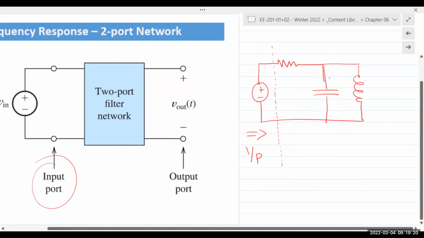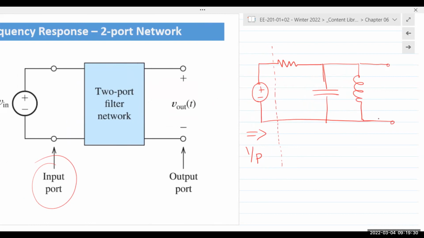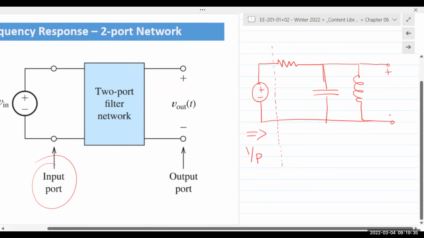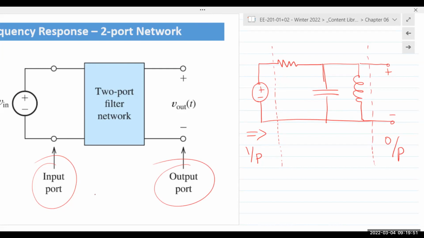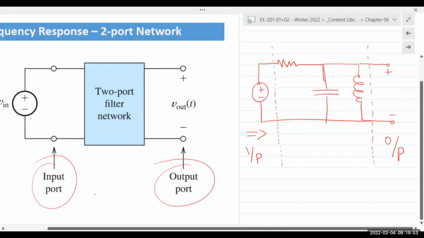On the output side, typically we might measure the output across a component here. So if we are measuring the voltage, or perhaps the current, we would again take this set of terminals on the output side, isolate it, and call it the output port. So it's the same circuits that we have dealt with so far. The only thing is we are going to look at those circuits a little bit differently. On the left side, where we have the source, we'll say it is the input port.